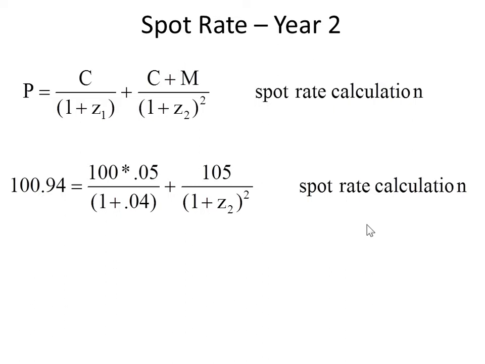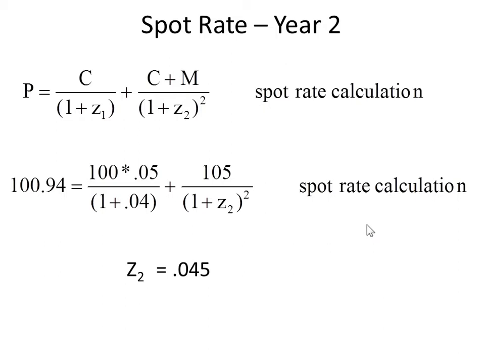And that is going to be divided by 1 plus our spot rate for the first time period, or 4%, plus $105 at the end of the second year, which is our $5 coupon payment plus our par value of $100. You can see that the only unknown in this formula is our spot rate for year 2. If we solve for Z2, we get that Z2 equals 4.5%.